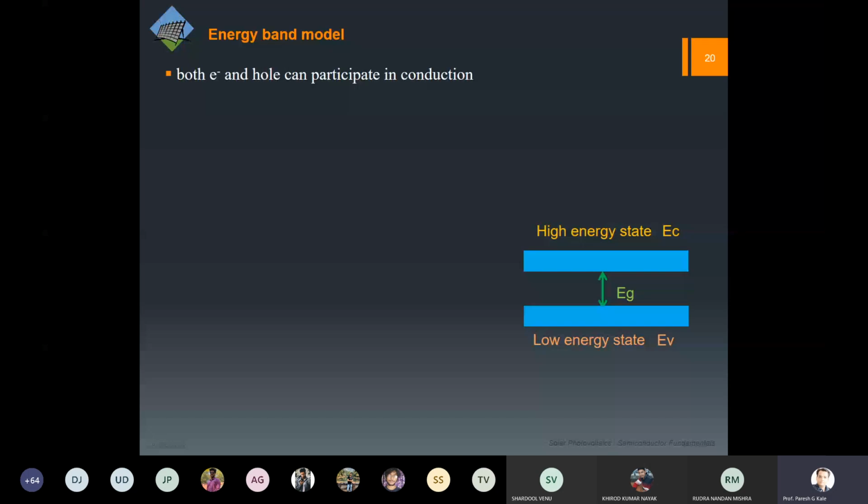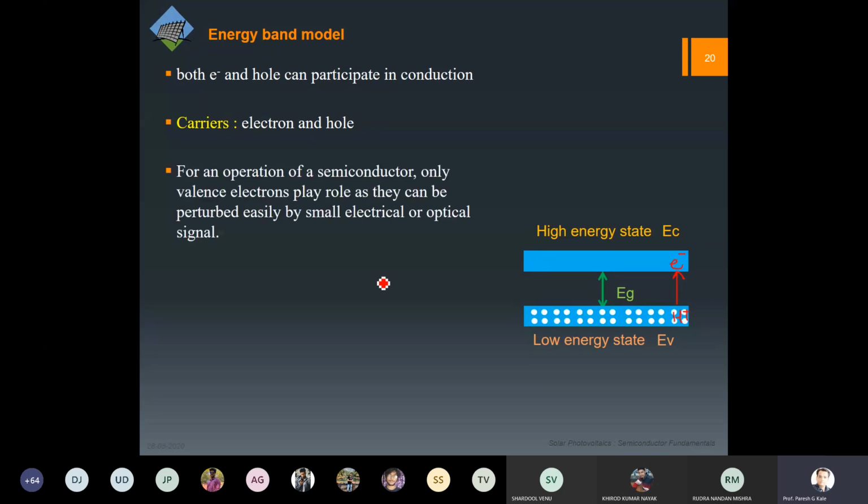Both electron and hole can participate in conduction. Once you generate an electron here, the hole is created over here. As both take part in conduction, combined I can call them carriers. They can be negative or positive, it doesn't matter, because both are going to conduct. So electron and hole can both be carriers.